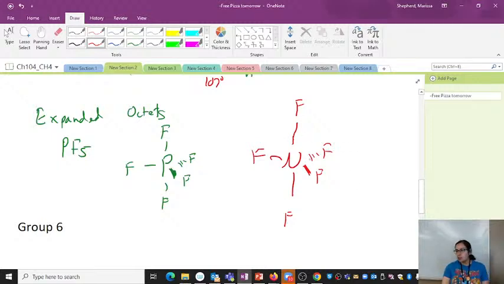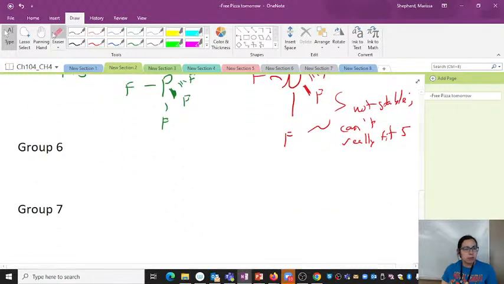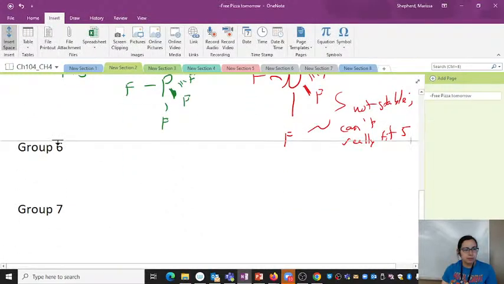Again, this nitrogen is pretty crowded, so it's not really as stable. I'll just put not stable, can't really fit it. That's the only reason why we would consider that this nitrogen pentafluoride does not exist, while phosphorus pentachloride is pretty stable.